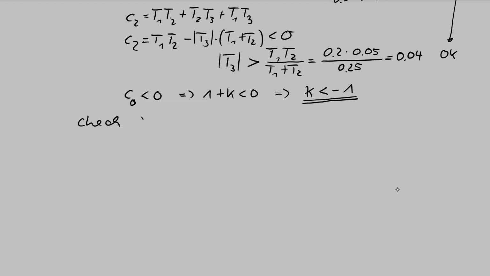Check C1, C2 must be larger than C0, C3. If we put these coefficients into our equation, then we get C1 is the sum of the t's, and C2 is the sum of the mixed product of the t's.